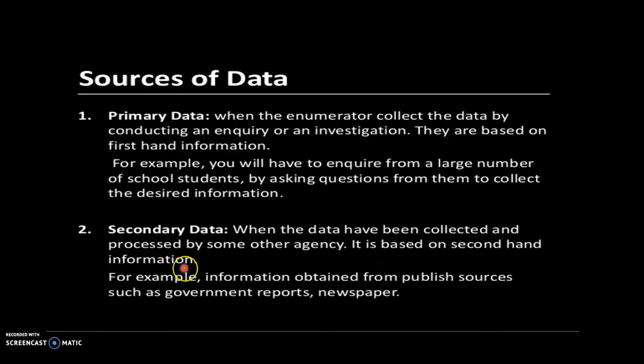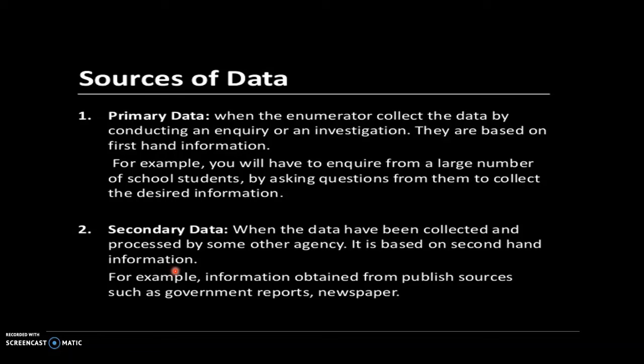They can be obtained either from published sources such as government reports, documents, newspapers, books written by economists, or from any other source, for example, a website. Thus, the data are primary to the source that collects and processes them for the first time, and secondary for all sources that later use such data.